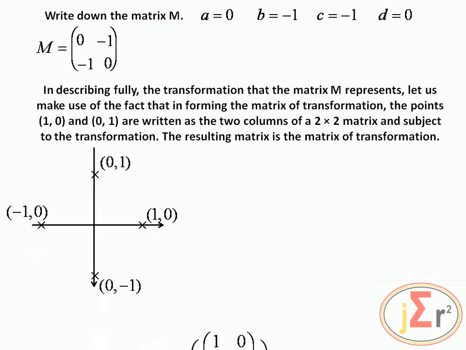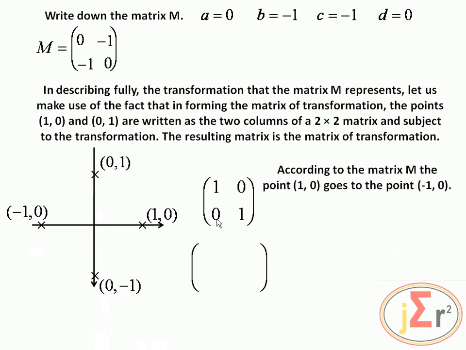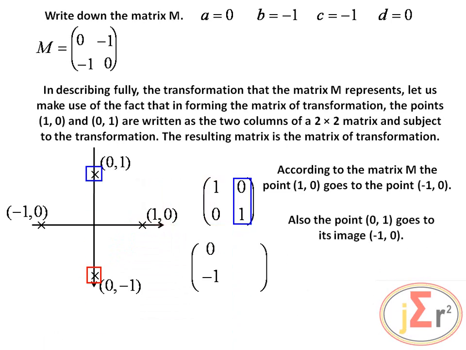Take the points 1, 0 and 0, 1 and write them as the columns of a 2 by 2 matrix. Subject 1, 0 to the transformation, and what is the result? 0, negative 1. So 1, 0 goes to 0, negative 1, and 0, 1 goes to negative 1, 0.